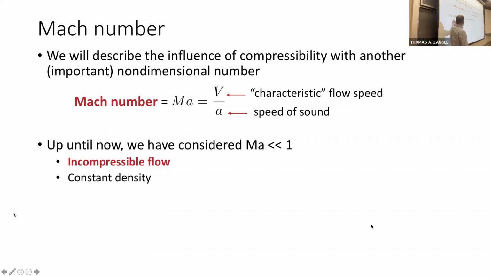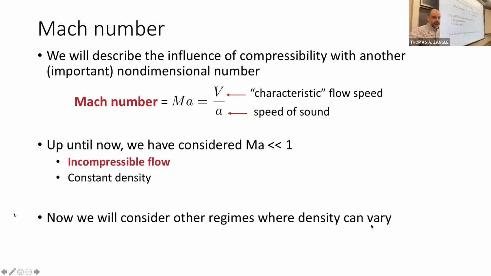For example, remember that in incompressible flow, the velocity basically dropped out of our statements of mass conservation. In compressible flow, that's no longer going to be the case. And when we had Mach number much less than 1, we also had constant density. So in compressible flow, this is no longer going to be the case. Density is going to become a variable. So we're going to consider other regimes where density can vary.